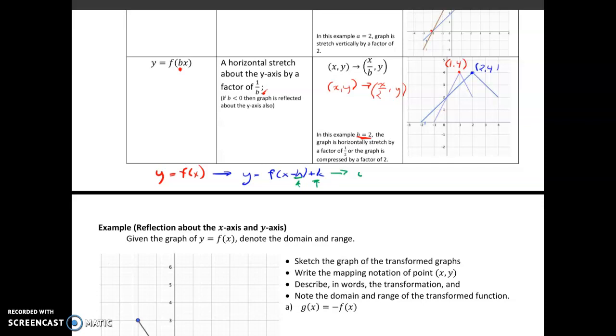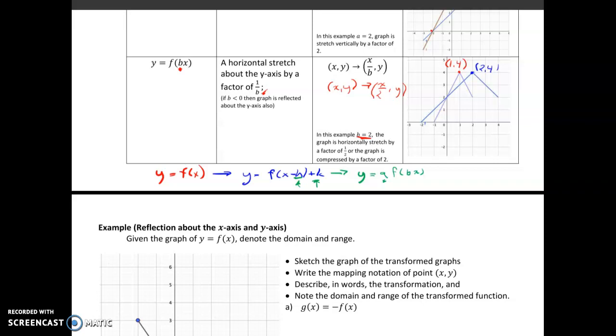Today, though, we are moving into y equals a f of (b x). What's so strange about this is that the a, if it's negative, can reflect. a can also vertically stretch.